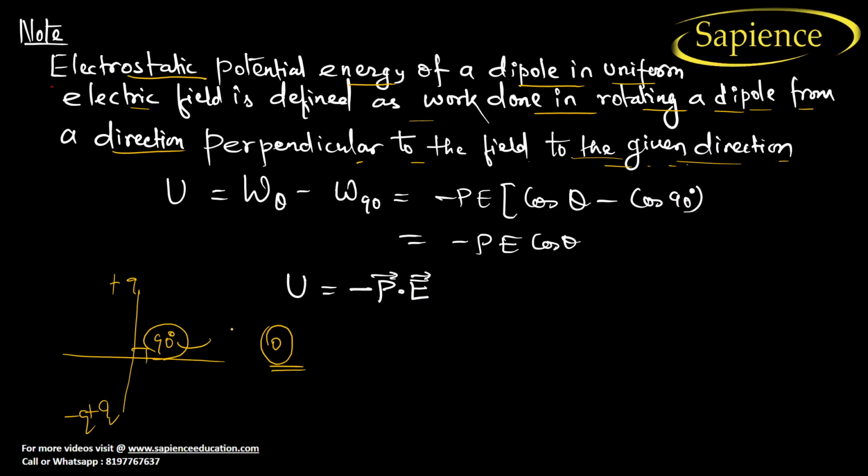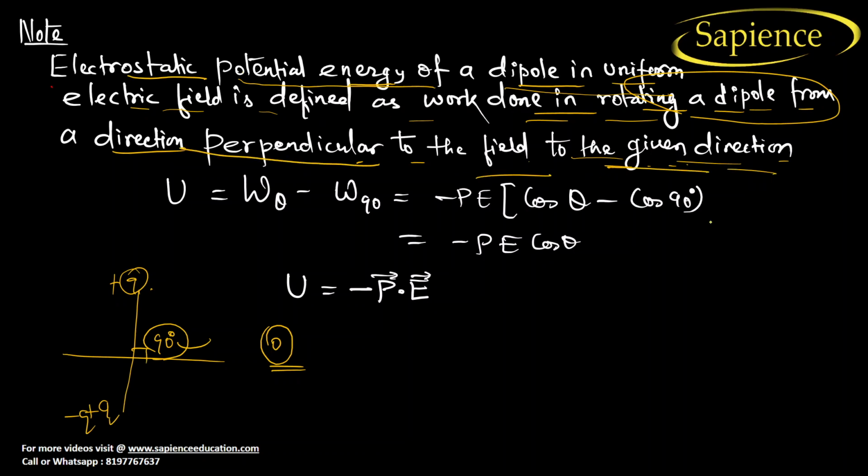So finally, the potential energy at 90 degrees is zero. That's why our reference point from where we should rotate is the direction perpendicular to the field.